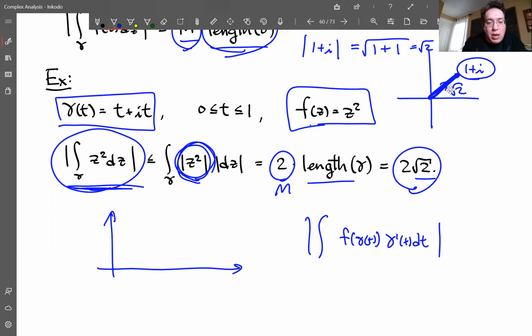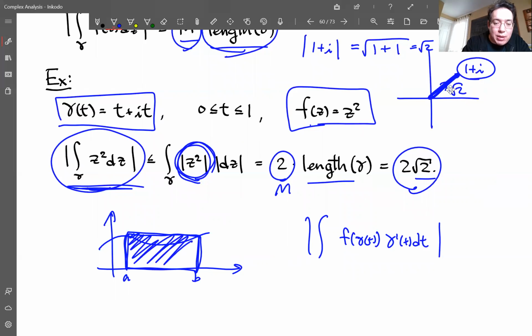From the Riemann integral, we know that we can estimate the inside area by the maximum value that the function takes.